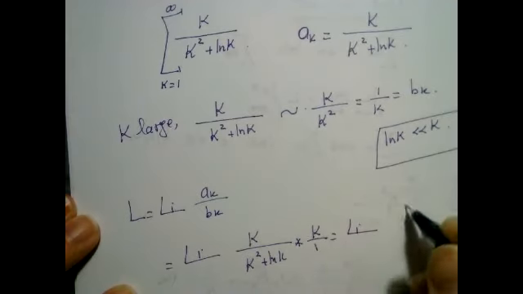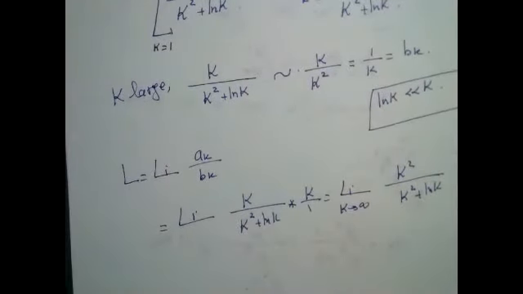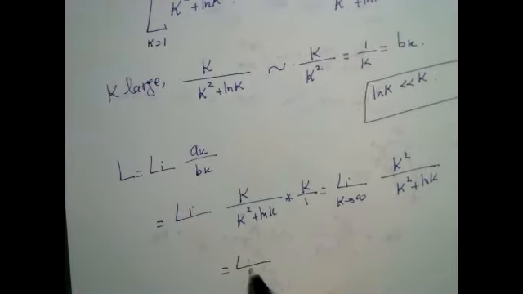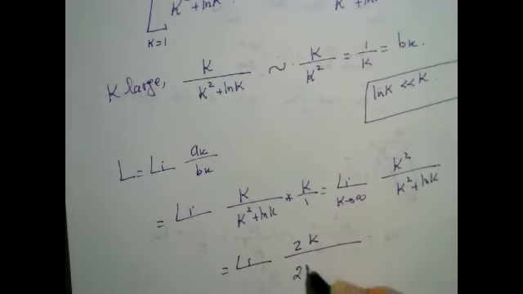So that's the limit of k squared over k squared plus ln of k. To compute this limit, you can apply L'Hopital's rule, or you can divide by k squared. If you apply L'Hopital's, you will have 2k over that.